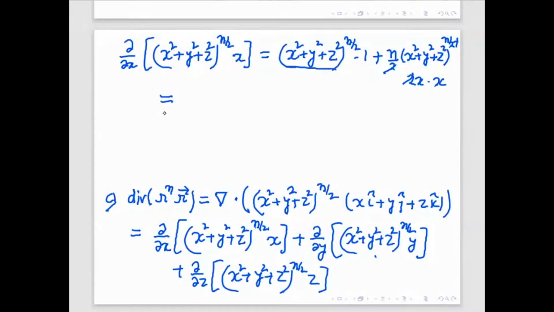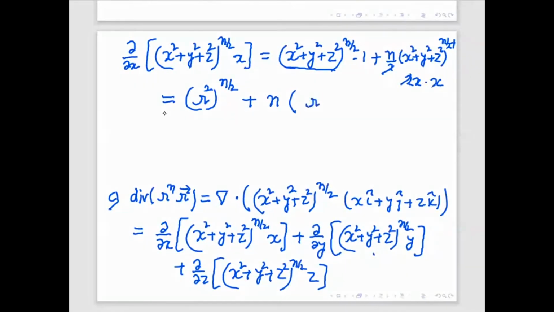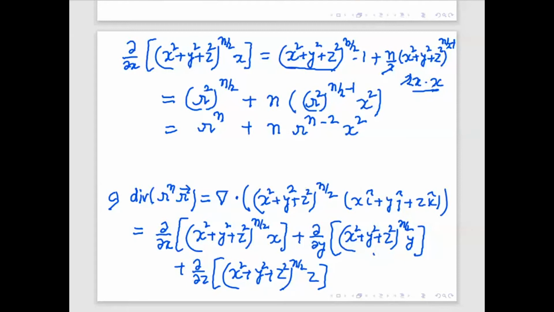This x square plus y square plus z square is r square. So this will give r square to the power n by 2, plus n times r square whole to the power n by 2 minus 1, and this is again x square. So this much we will get. That means it will give r to the power n plus n times r to the power n minus 2 x square. Is it okay?